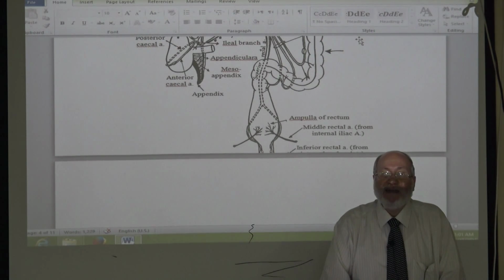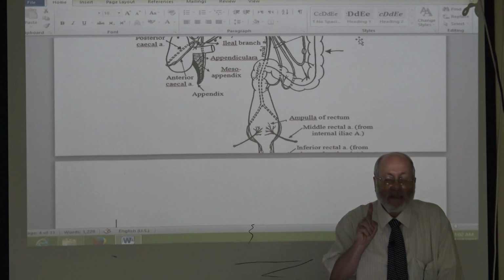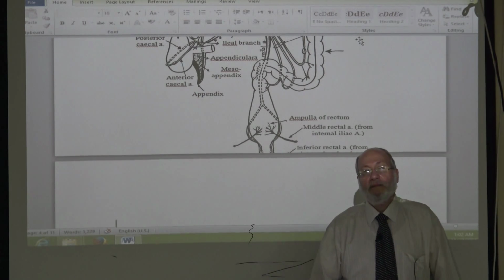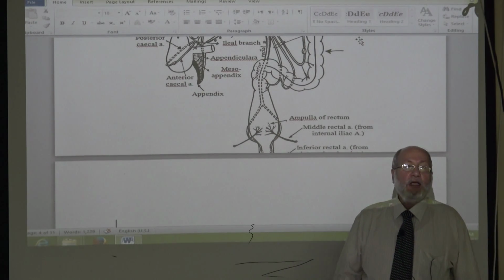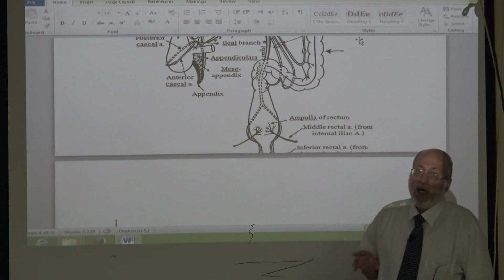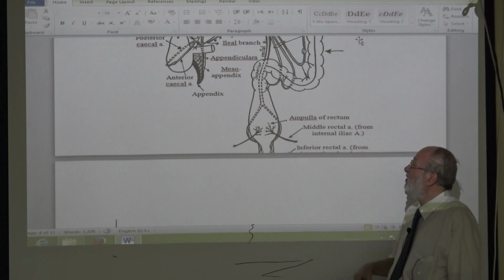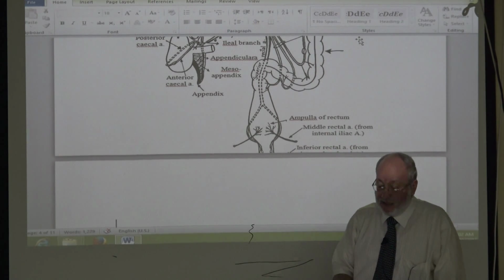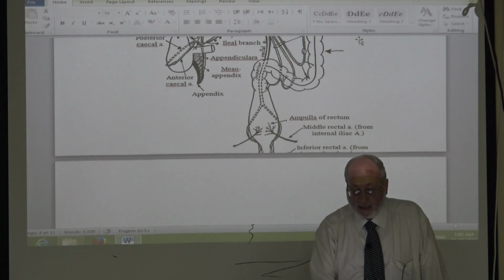Veins accompanying the arteries and bearing the same name. Do you know the venous return of the gut? No. By thinking. We want the venous return of the hindgut. What is the venous return of the hindgut?